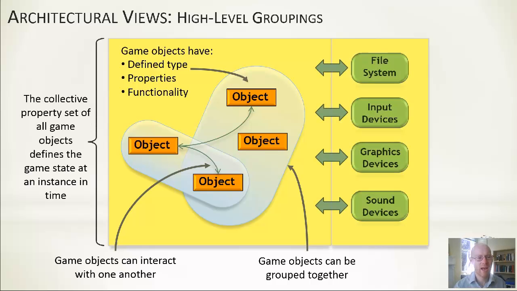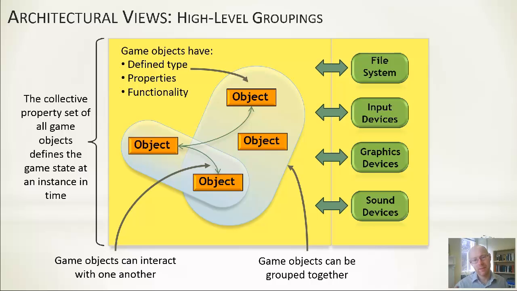The other important thing not to forget is that whilst it's a game, we will also have a file system, an input device, a graphic device, a sound device. There are things that these objects will interact with. One object might be interested in loading in some graphics, which you'll get from the file system. That same object may be interested in checking to see if the user has provided input, so we need some way of accessing that. Graphics devices, sound devices, and so on.